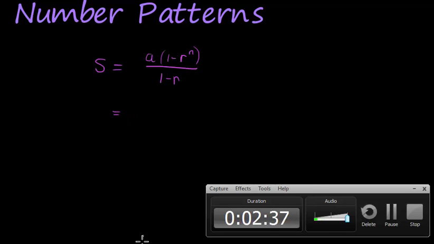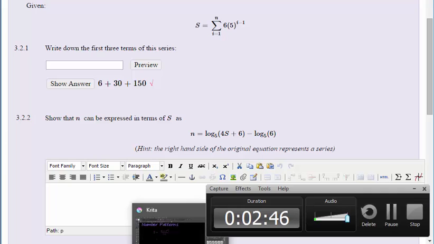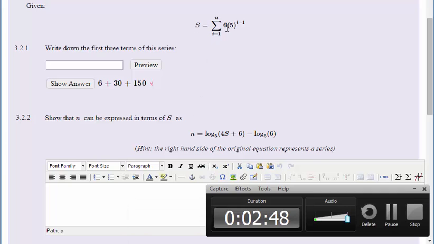So let's substitute, because look here, all they ask for is n. To solve for n, get n on its own. So that's all we have to do, and we simply have to substitute a and r.